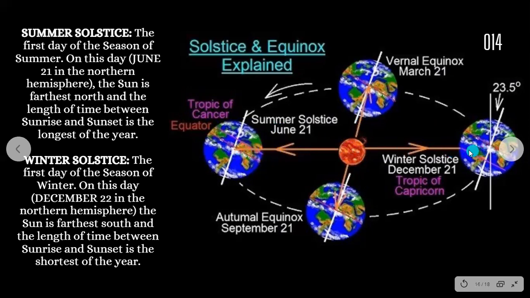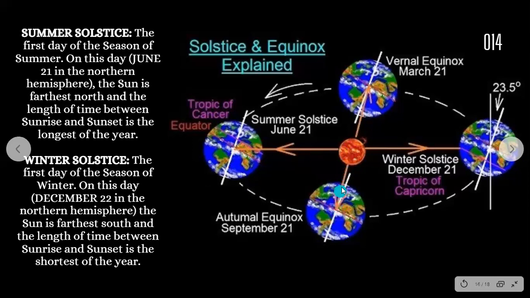Winter solstice happens on December 21st, when the sun's direct sunlight falls on the Tropic of Capricorn in the southern hemisphere. This is on the Tropic of Cancer in the northern hemisphere. And when the sunlight falls directly on the equator, it causes equal days and equal nights, right?